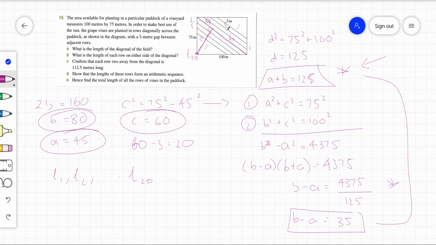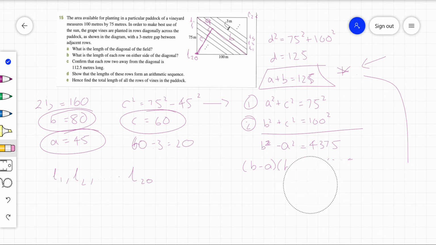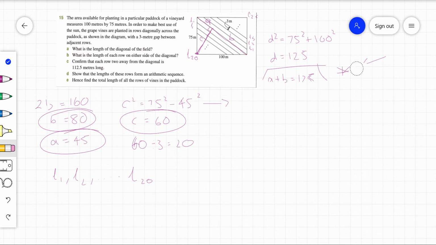So I could also have said this is L1, L2, L3, all the way to L20 there as well. So let's have a first look at L1. The first diagonal that we're looking at, handy to look at this triangle as having similar triangles.